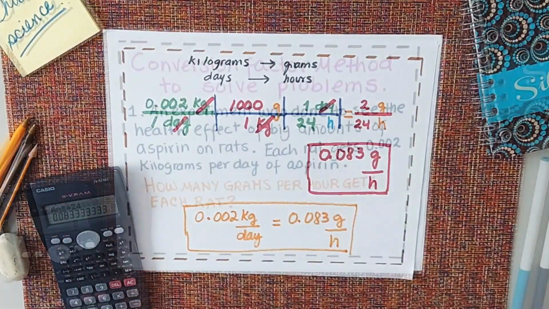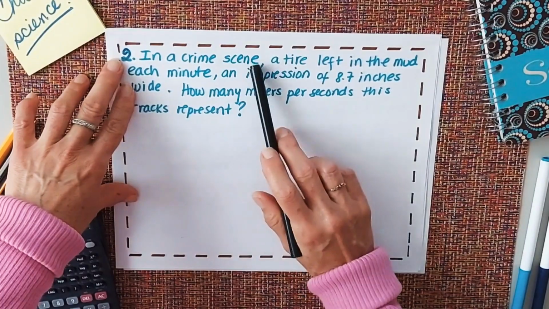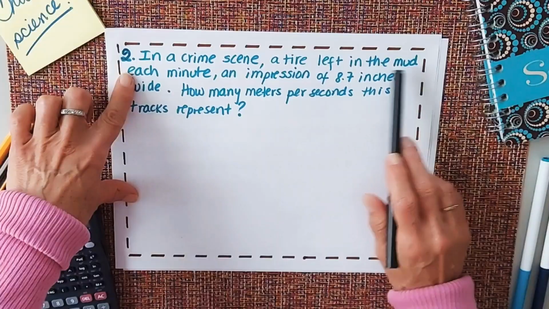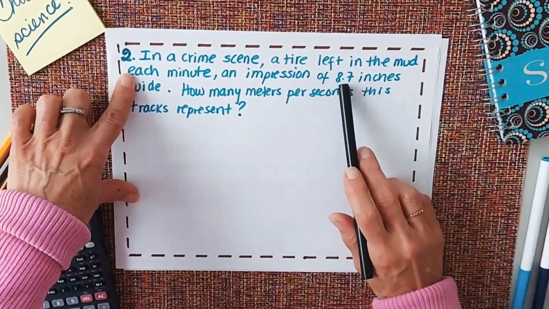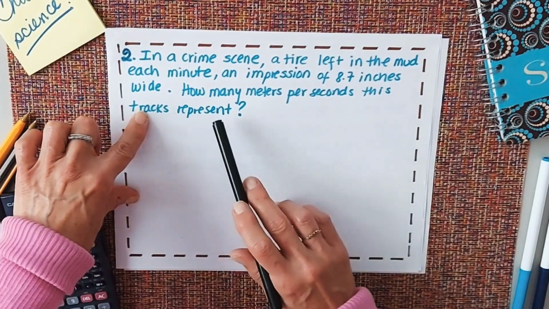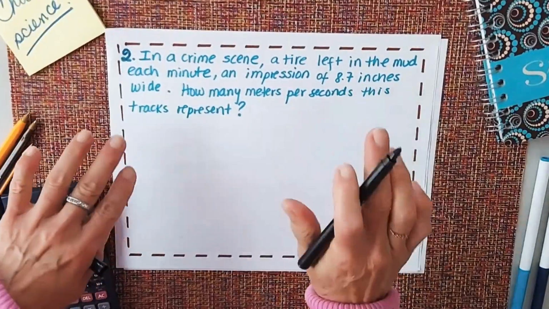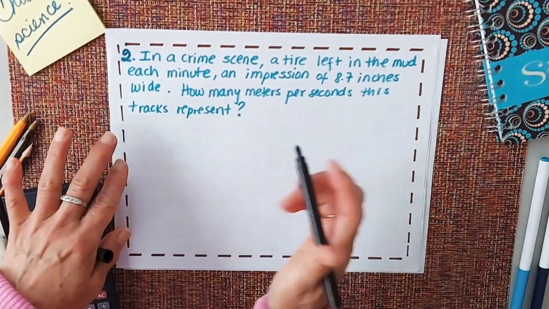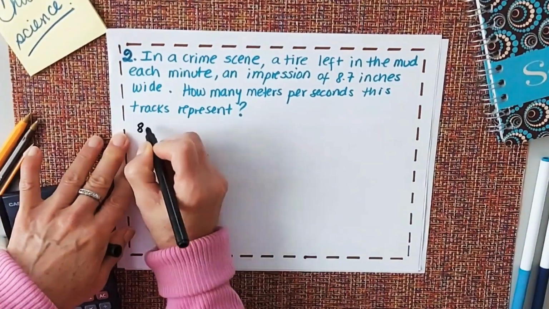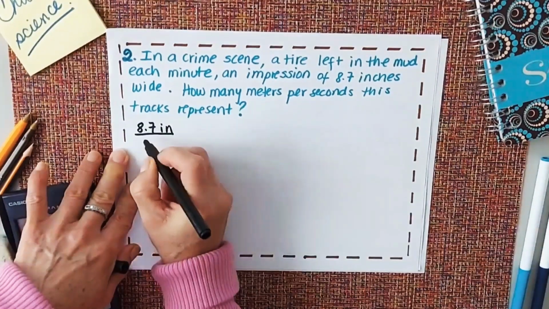Let's continue. Okay, this is example number 2. At a crime scene, a tire left in the mud, each minute, an impression 8.7 inches wide. How many meters per second do these tracks represent? Remember that the first step is to write the data as a fraction because the conversion factor is a fraction: 8.7 inches over 1 minute.